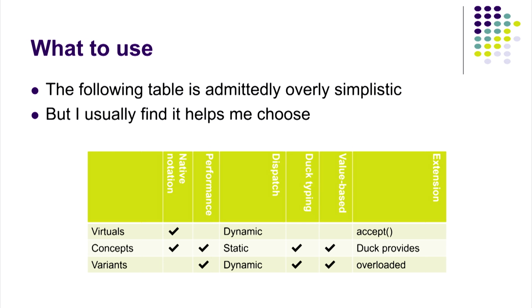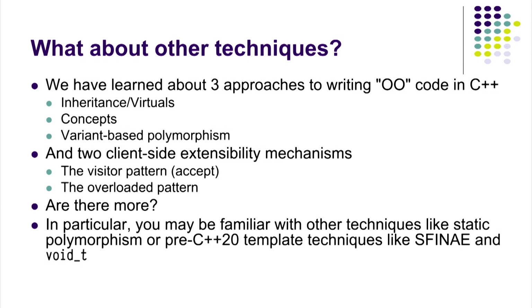The others are dispatched at runtime. Concepts and variants both support duck typing and value-based programming instead of putting things on the heap with references. And they all have their own method for client-side extensibility that we've covered. I didn't do it for concepts because it's for free with concepts, right? Add a method, it'll still satisfy the concept.